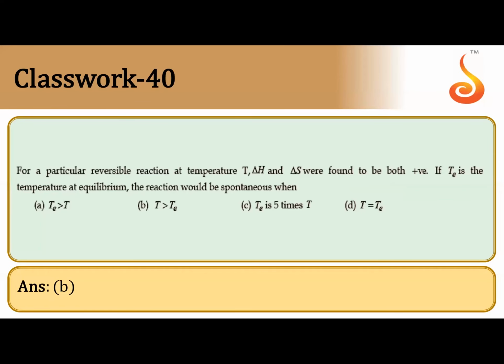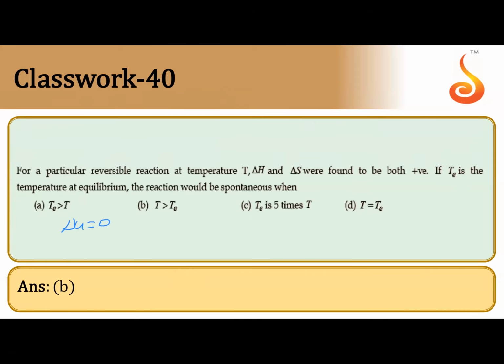Last question for this thermodynamics. For a particular reversible reaction at temperature T, delta H and delta S were found to be both positive. If Te is the temperature at equilibrium, when is the reaction spontaneous? Most important thing, children: at equilibrium, delta G will be equal to 0.